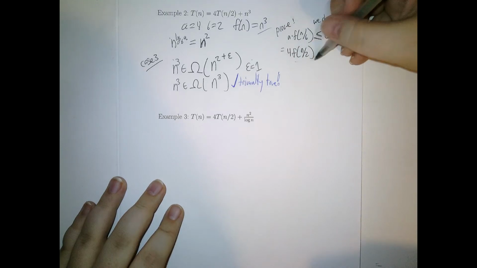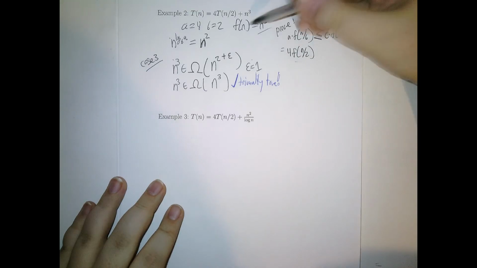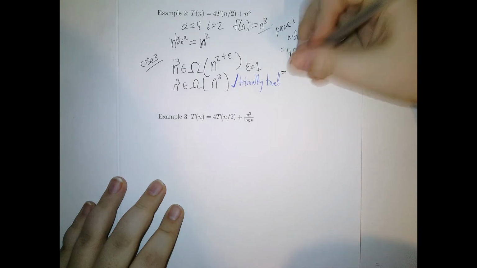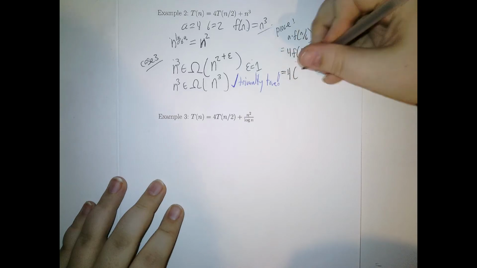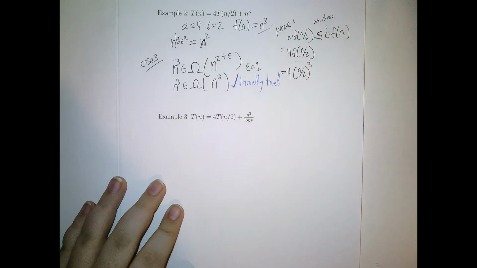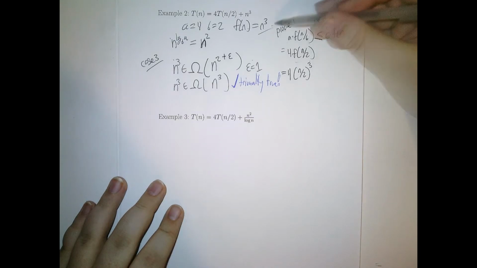So this is just f of n over 2. Do we know what f of n over 2 is? Well, we know f of n is n cubed. So f of n over 2, well, f is just a function that cubes whatever you give it. We give it n over 2, it cubes n over 2. That's just what f of n does.